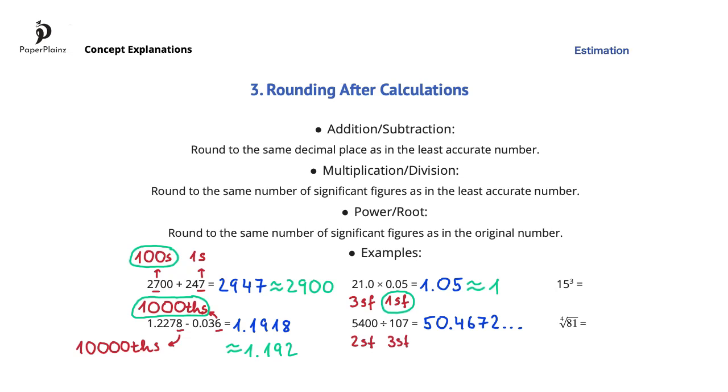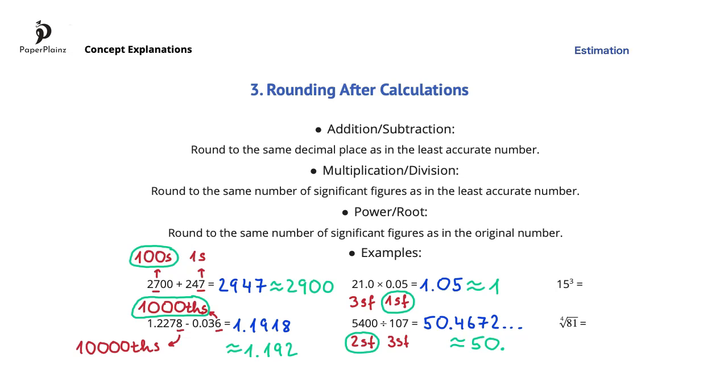This means that we have to round our answer to two significant figures, and this will give us simply 50. To show that the 0 in the 50 is significant, we will put a decimal point after this 0. Using the decimal point this way is somewhat unusual, and you will rarely come across this situation.